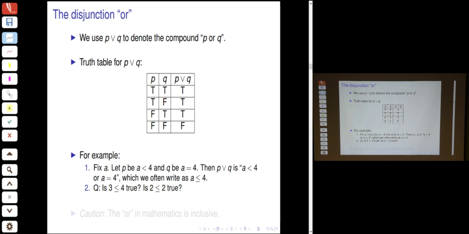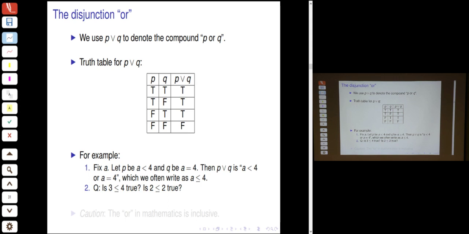P or Q is: A is less than 4 or A is equal to 4. Then we write it in shorthand as A is less than or equal to 4. Now, is this true? Is 3 less than or equal to 4 true?